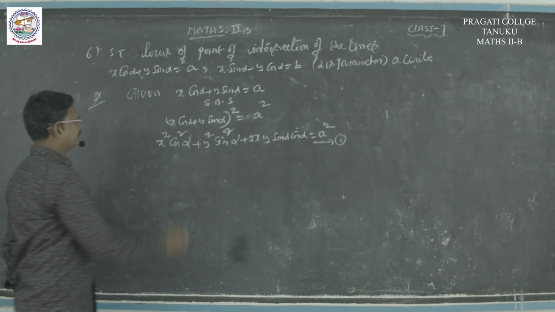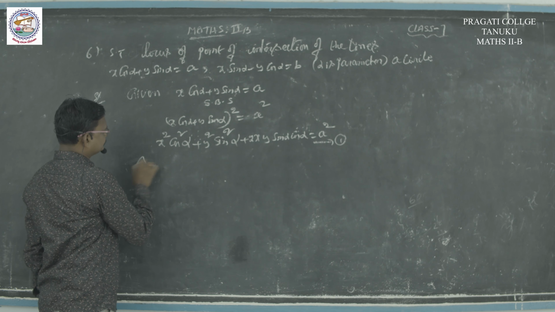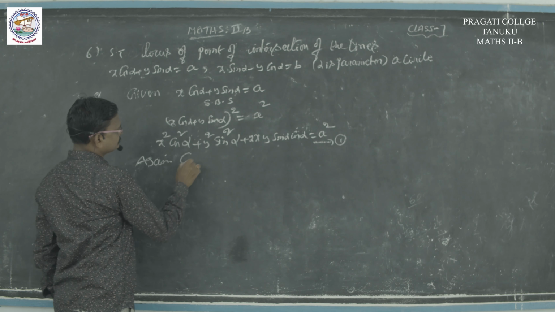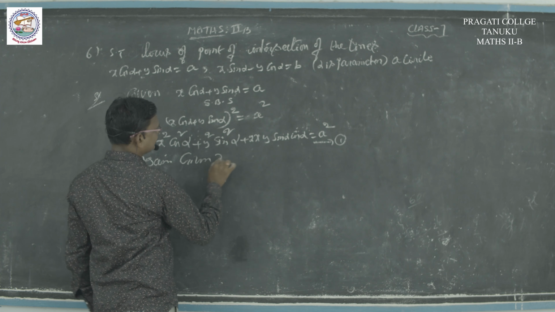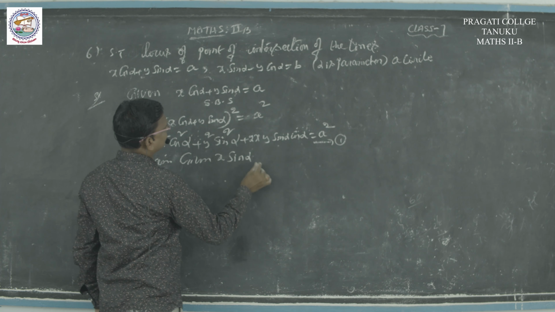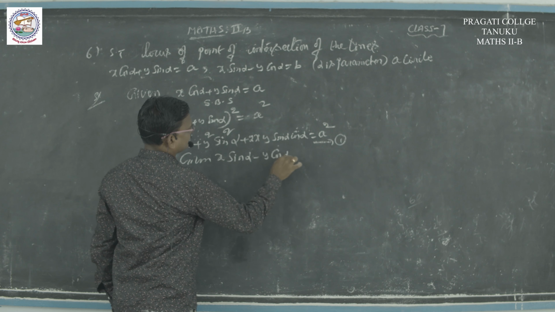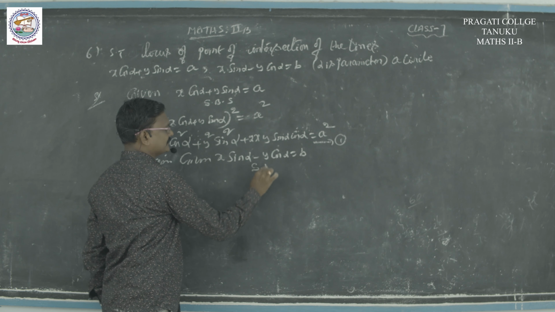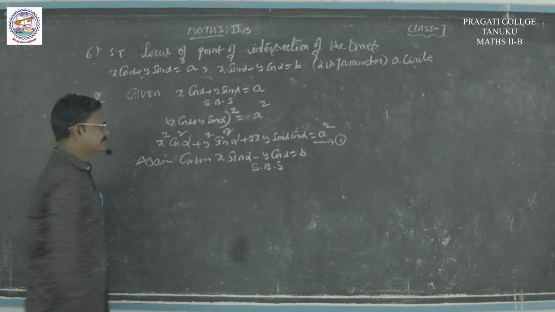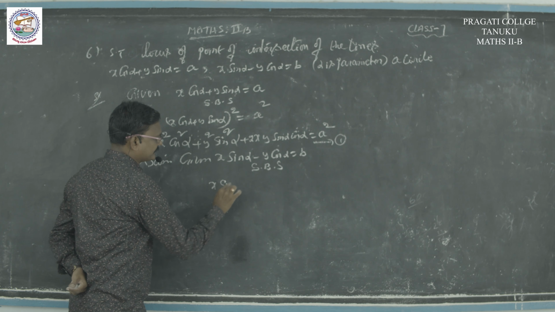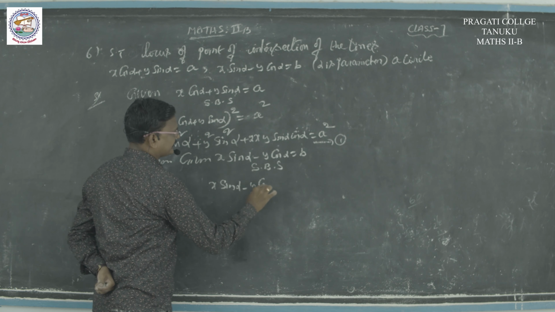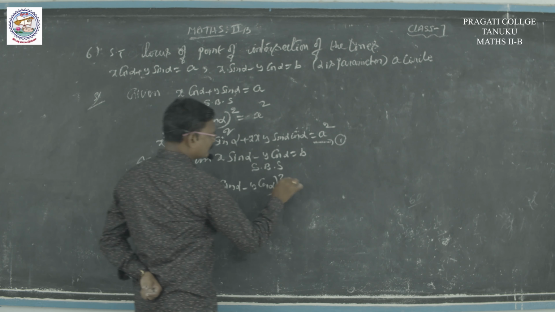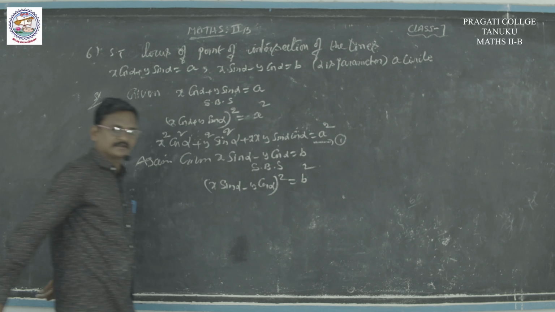Now we have one more line. The second line is x sin alpha minus y cos alpha is equal to b. Now again we can do squaring on both sides. Now this is just like a minus b whole square. x sin alpha minus y cos alpha whole square is equal to b square.